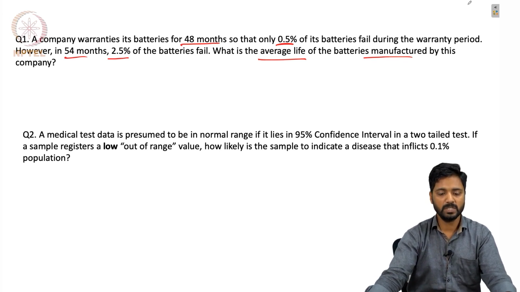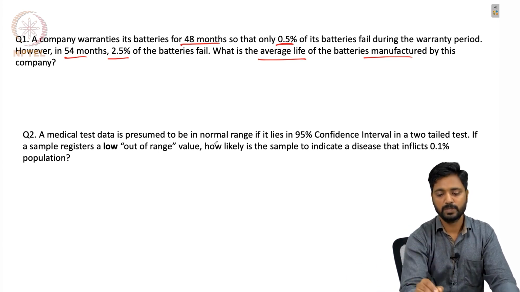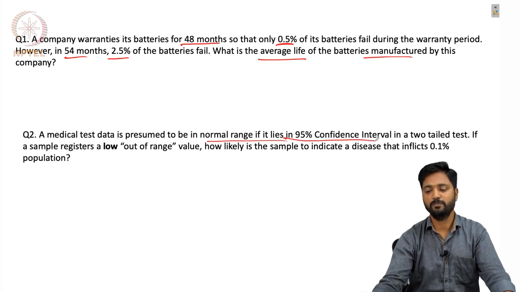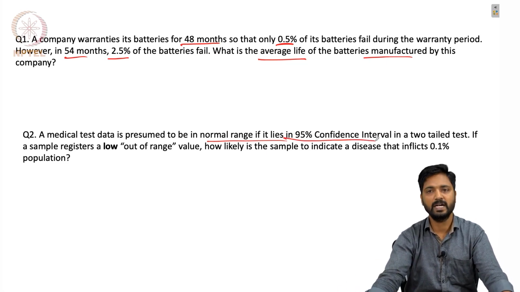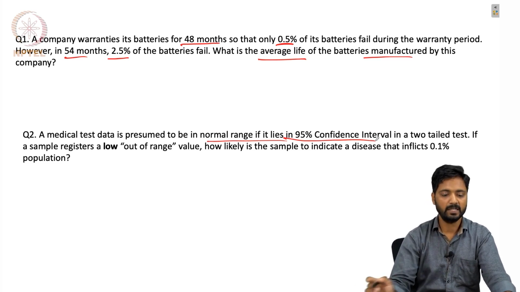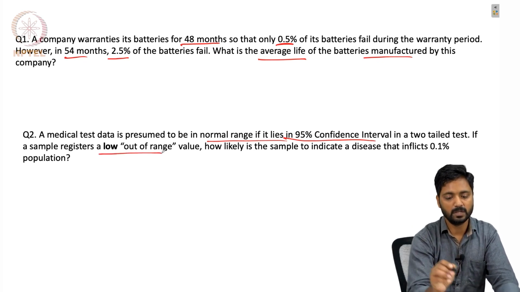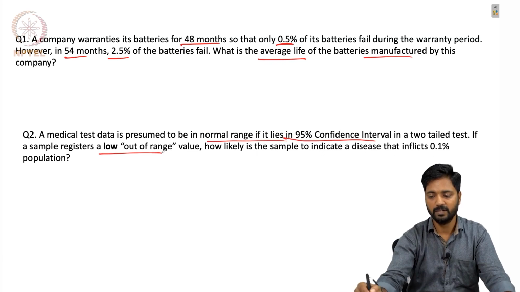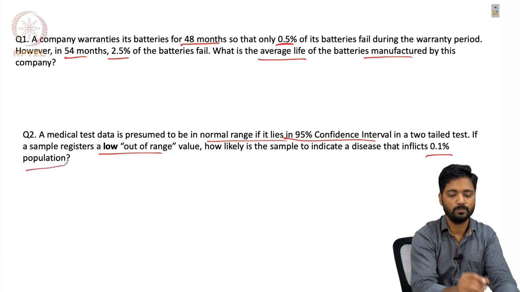So in this question, there is a medical test presumed to be in normal range. If it lies in the 95% confidence interval, that means 95% of the population will have its numbers within this range. And if a sample registers a low out of range value, how likely is this sample to indicate a disease that inflicts 0.1% population?